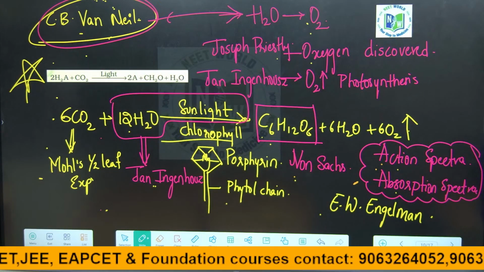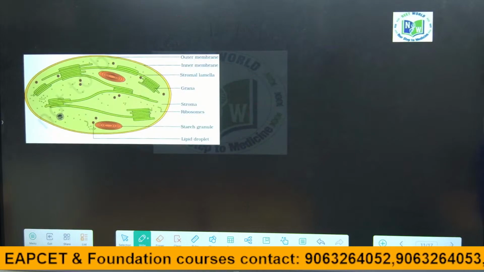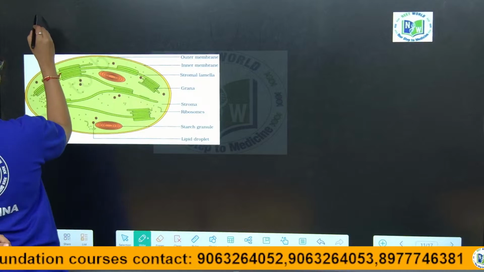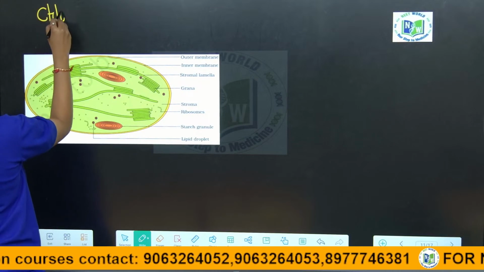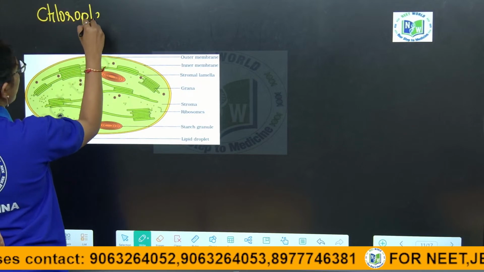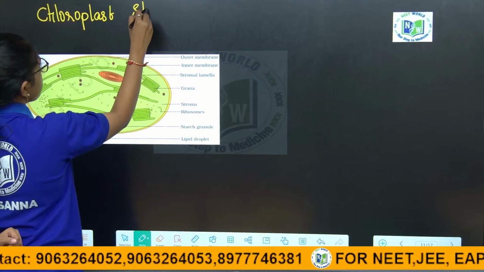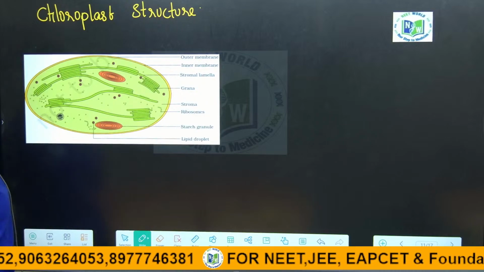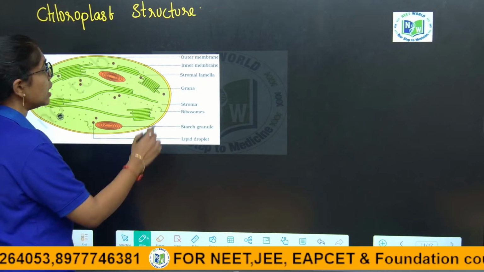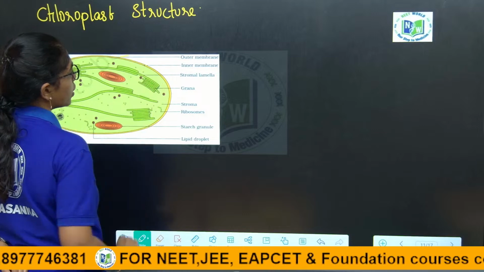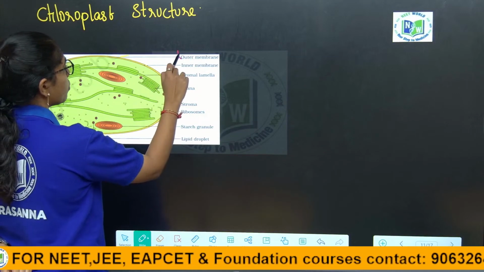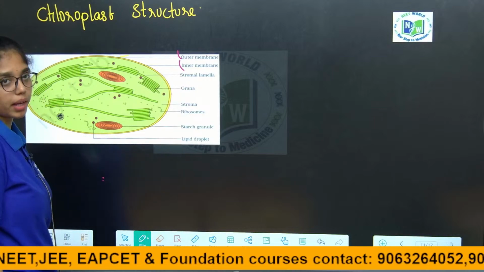Next, if you look into the chloroplast structure, the chloroplast is double membrane bound, where you have an outer membrane and an inner membrane.